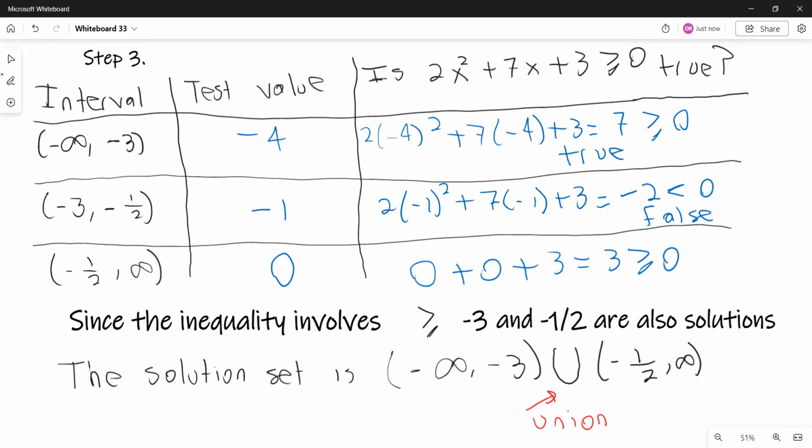Okay, so I'm going to do an application of quadratic inequalities. That's example 7 on page 155.